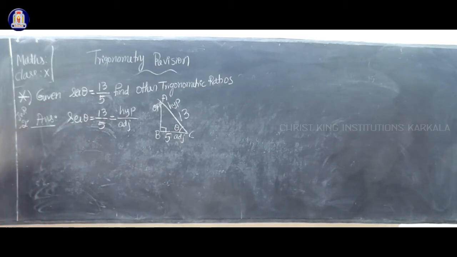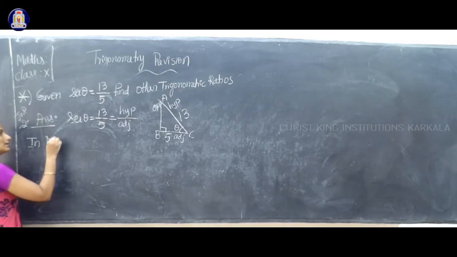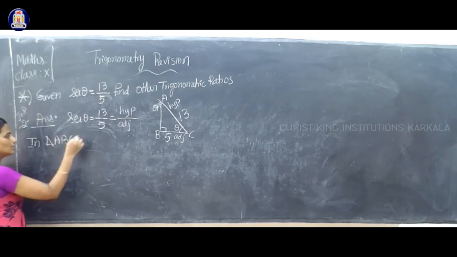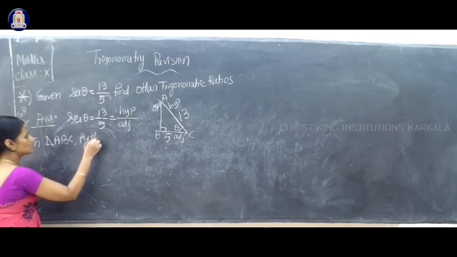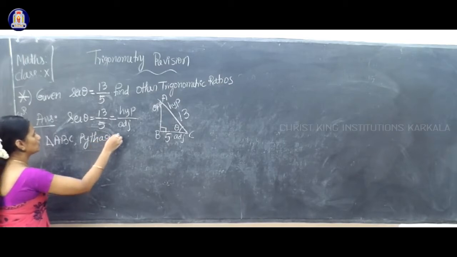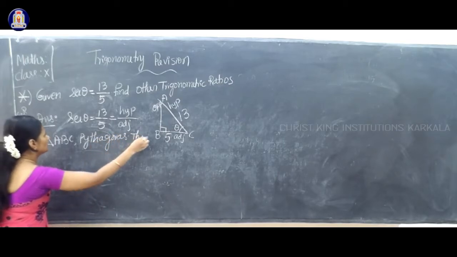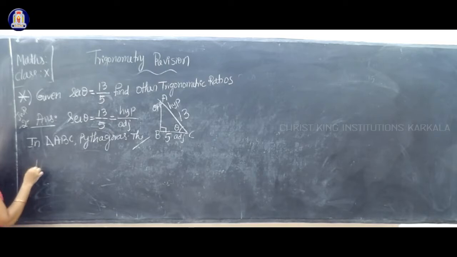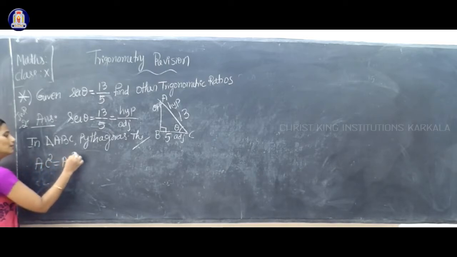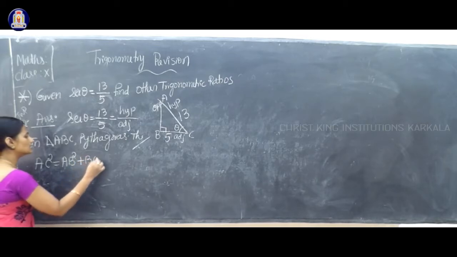So what to find here? The opposite side. How to find the opposite side? In right angle triangle ABC, it is Pythagoras theorem. Pythagoras theorem: hypotenuse square, AC square, is equal to AB square plus BC square.